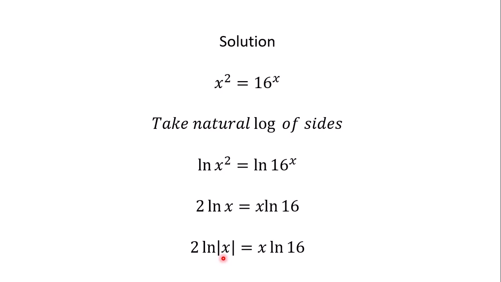When you use a calculator to punch this equation, x is going to be minus 0.5, but let's assume we are not using a calculator. Based on what the calculator gives us, the minus 0.5, the answer is negative, so there's no need for the absolute value. But we are assuming we don't know the answer, so we have to take the absolute value of x, which is either positive or negative.